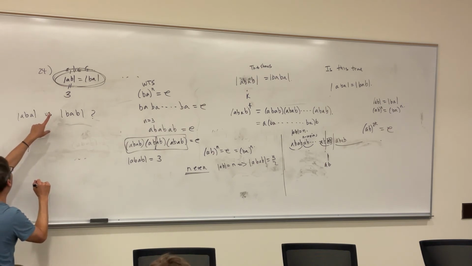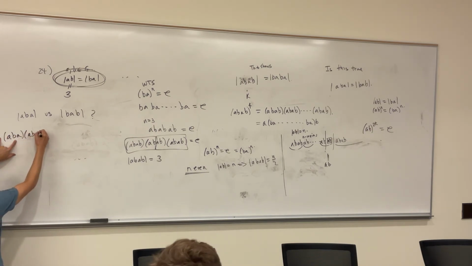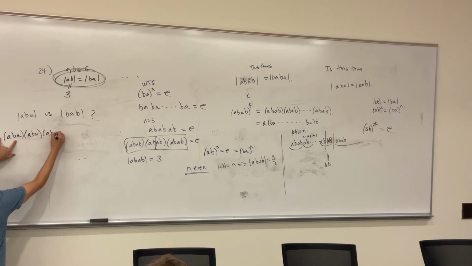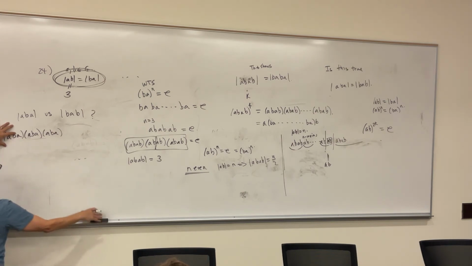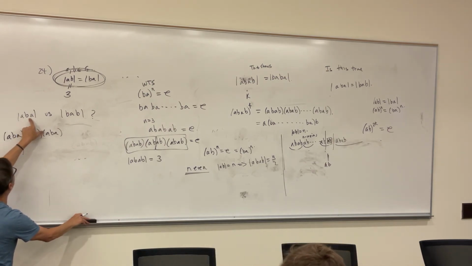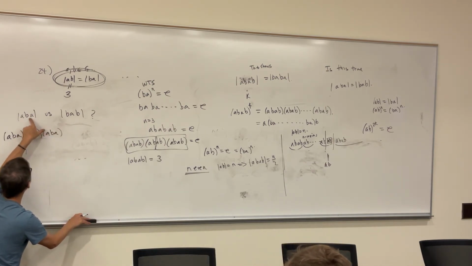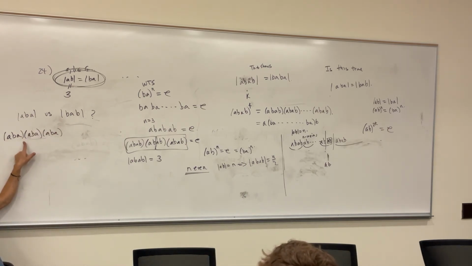So let's say the order of AB and the order of BA is 3. So what do we got? AB, AB. Then let's see, could the order of this be 3? No. Not having the pairing makes this choke, because we can't get that rhythm.